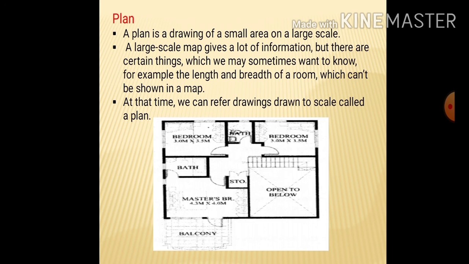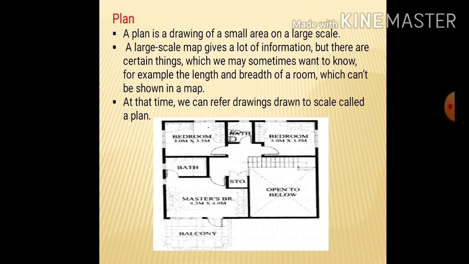As we have seen, in a map or a sketch we can't get the idea of the length and breadth of any room, house or building. But in a plan, all these things are very clear. When you see the plan of your house, everything is drawn in it.